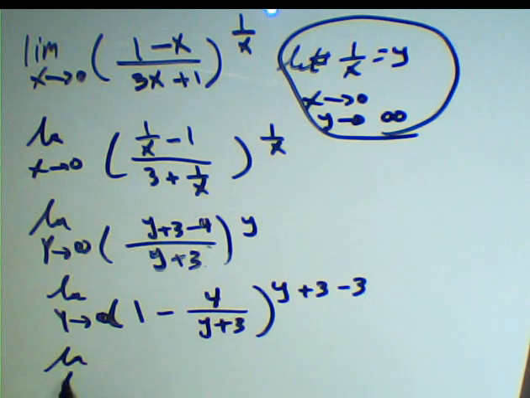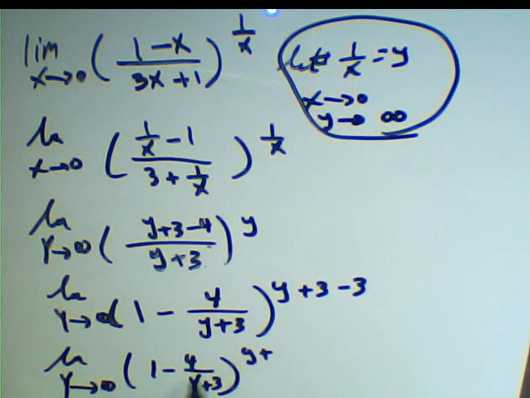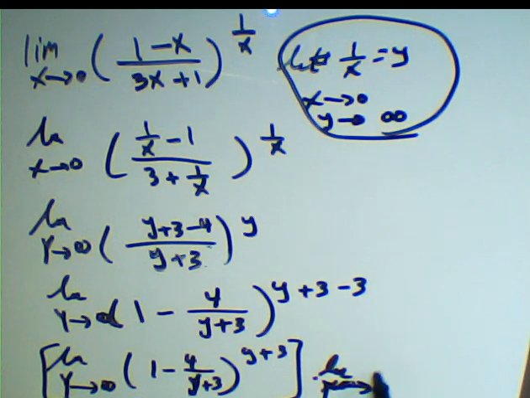Then the limit when y approaches infinity of 1 minus 4 over y plus 3 to the power y plus 3, times the same limit of 1 minus 4 over y plus 3 all to the power negative 3.